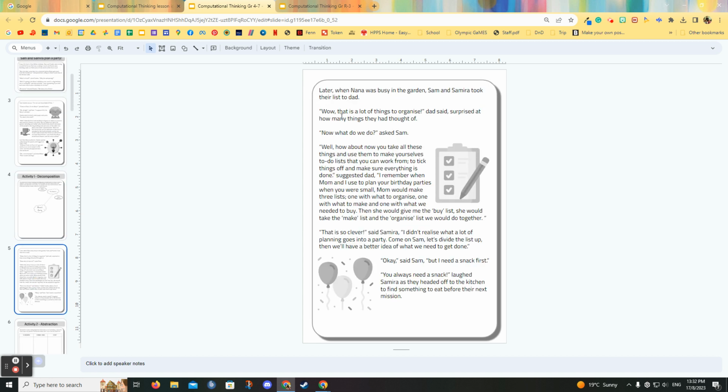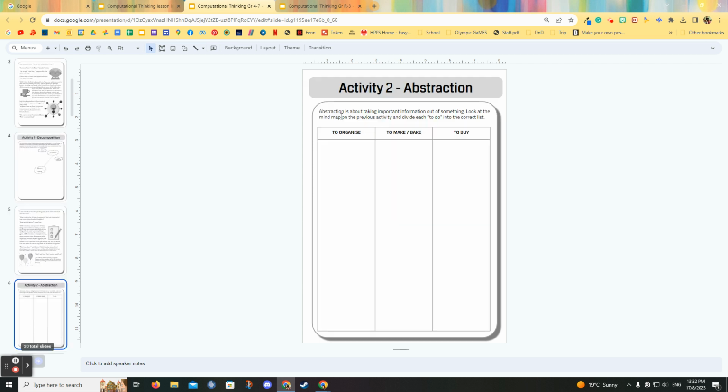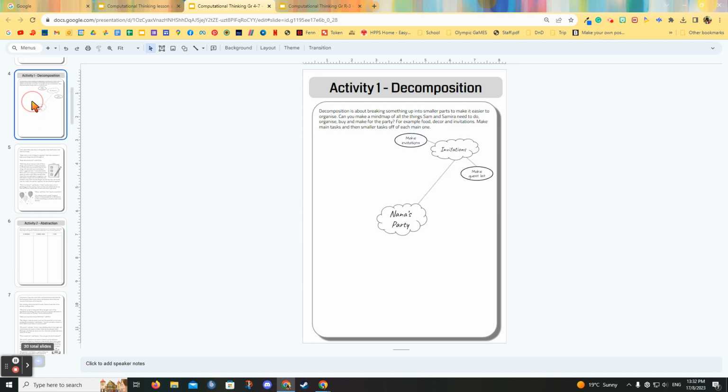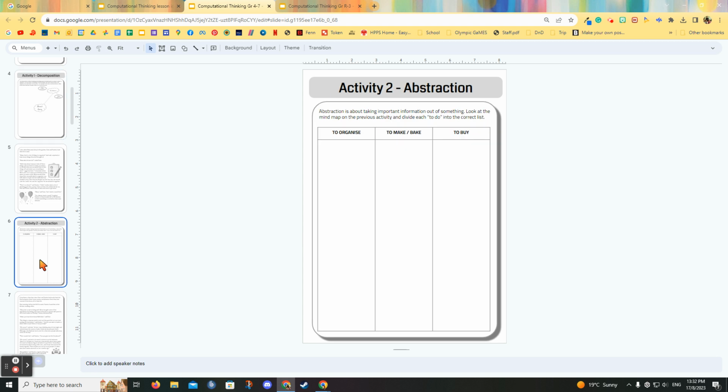Now they're talking about a to-do list. So they're talking about the fact that they need everybody to help with the different tasks that need to be done in order to plan the party. So over here, what they're doing is they're using abstraction to go back to this list that they made and divide all the tasks into these 3 categories.